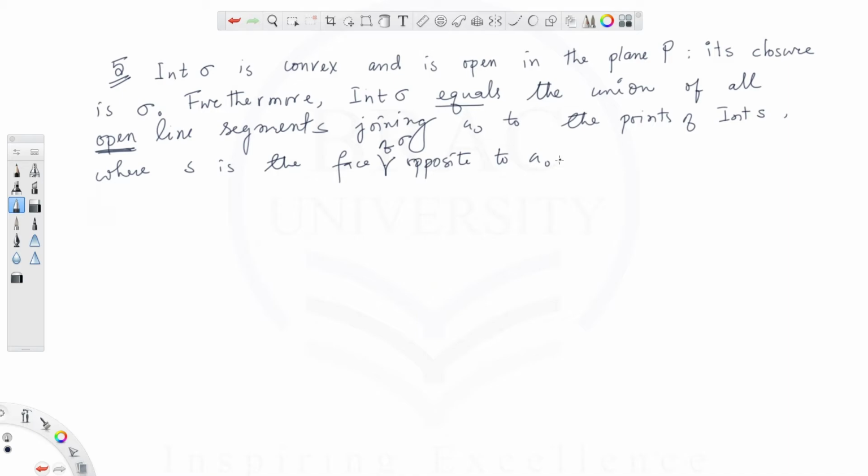Okay. All right, so let's see how it looks in the context of the two simplex, which is the triangular region. Let me redraw it.